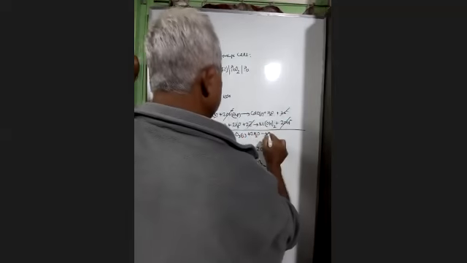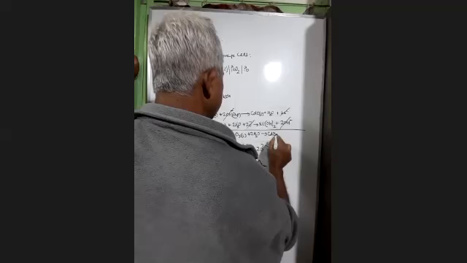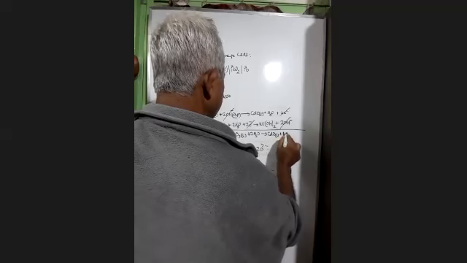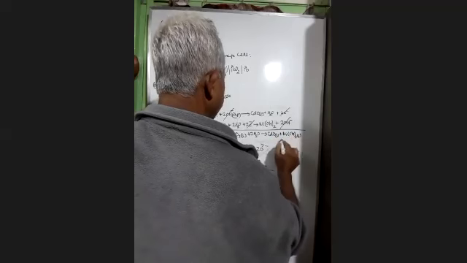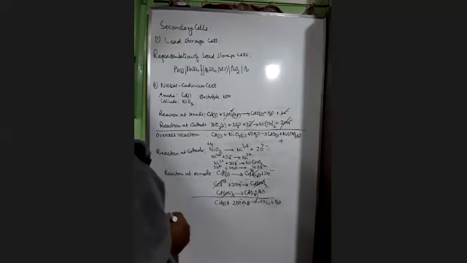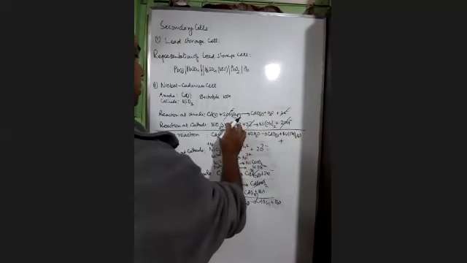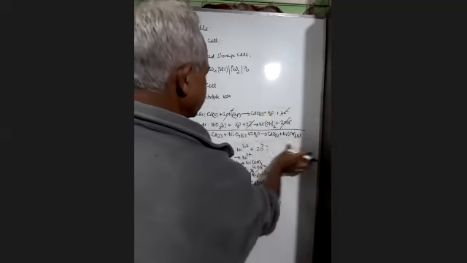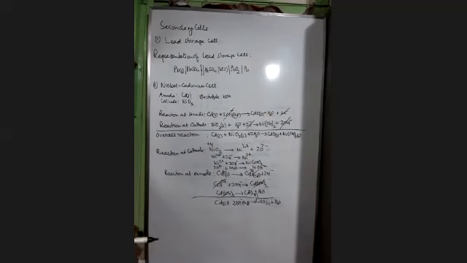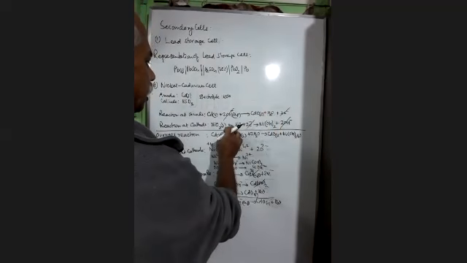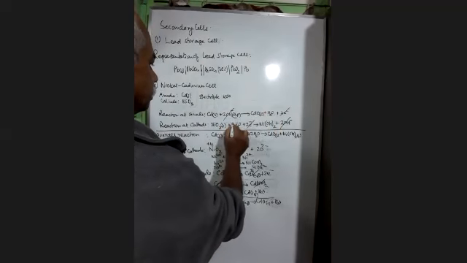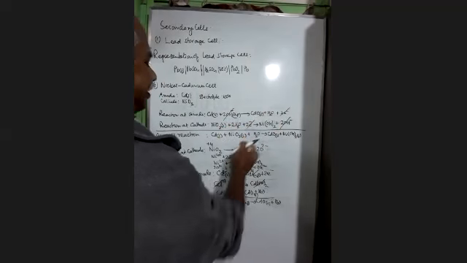It will give you cadmium oxide solid, nickel hydroxide also solid, plus 1 H2O and 1 H2O get cancelled. So this is the one.